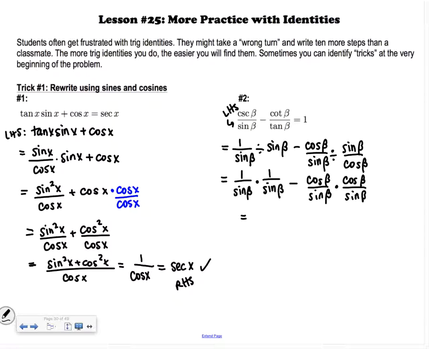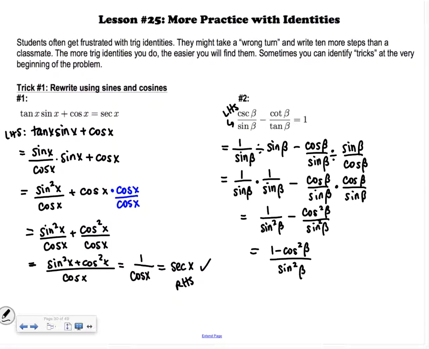It looks like I'm going to get common denominators: 1 over sine squared minus cosine squared over sine squared. When I combine, I end up getting 1 minus cosine squared beta over sine squared beta.